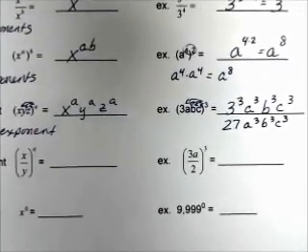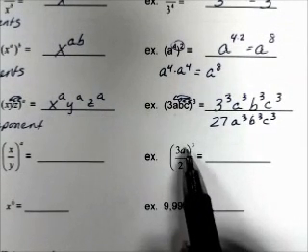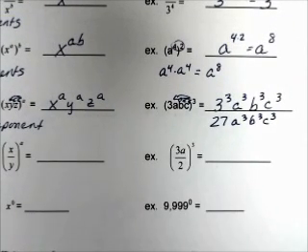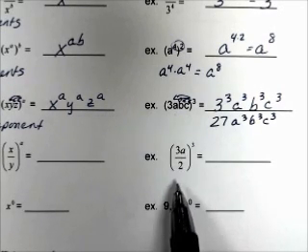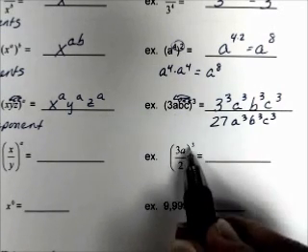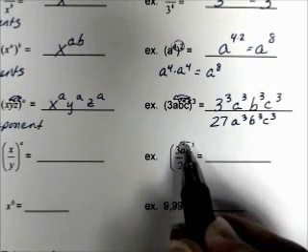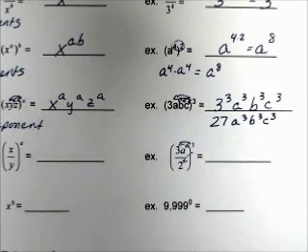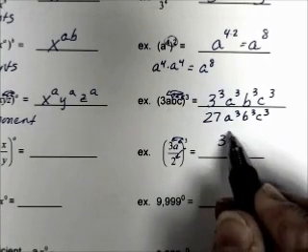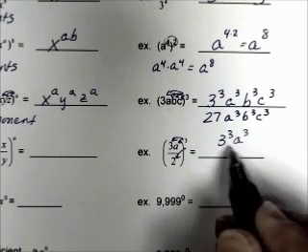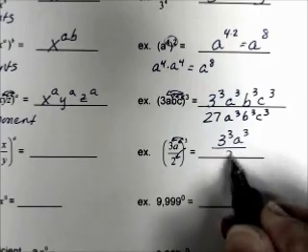Our next example, 3a divided by 2 raised to the third power. So we have a quotient here raised to a power. You're going to distribute the power in both the numerator and the denominator. So this will end up being 3 to the third, a to the third, divided by 2 to the third.